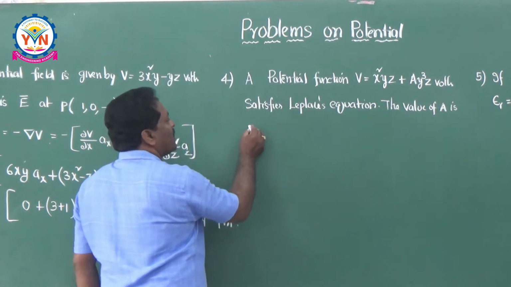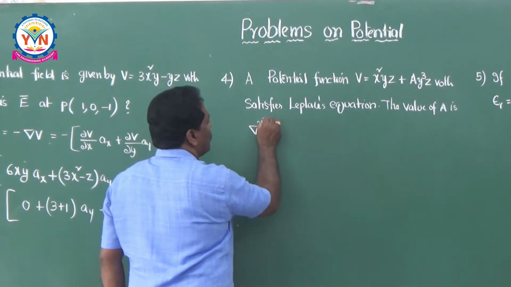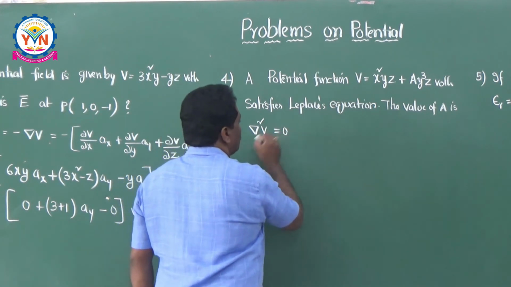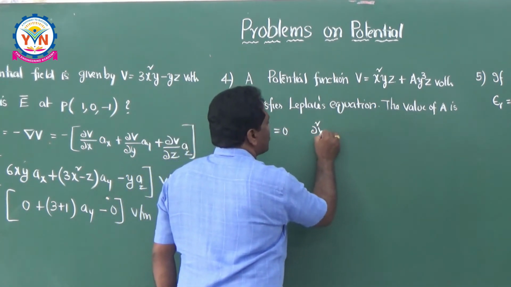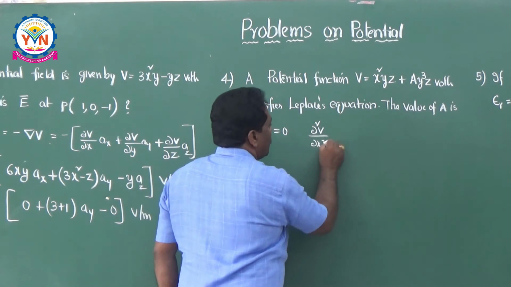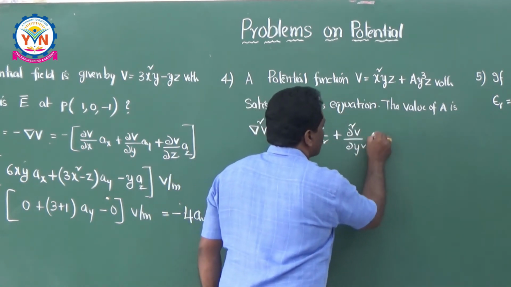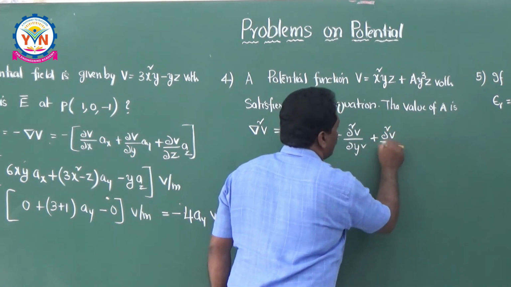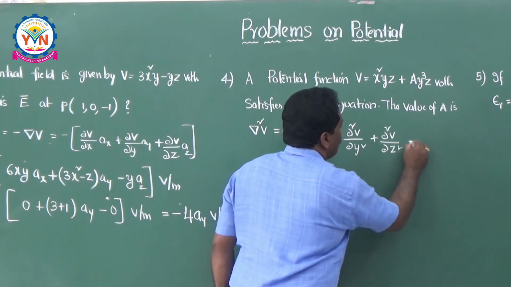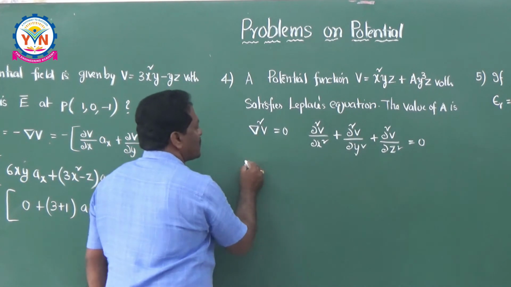So, what is the Laplace's equation? Del square V is equal to 0. That means dou square V by dou x square plus dou square V by dou y square plus dou square V by dou z square is equal to 0. Now, just calculate dou V by dou x.